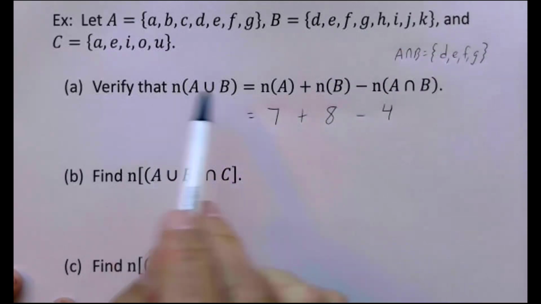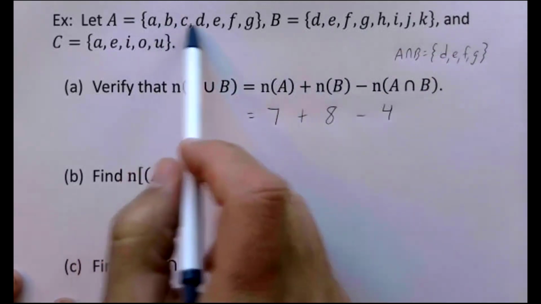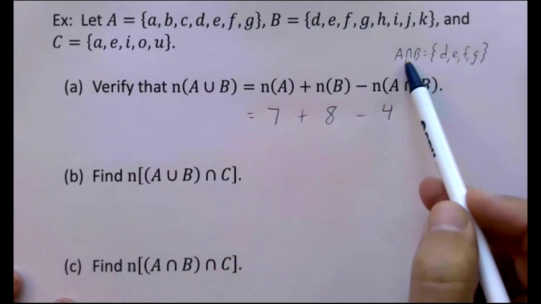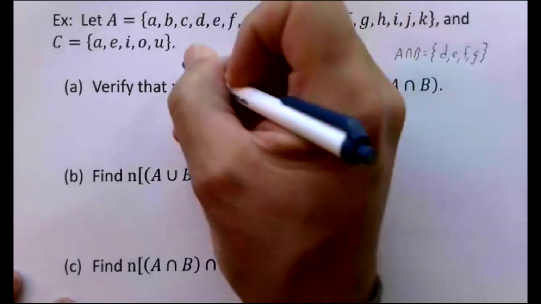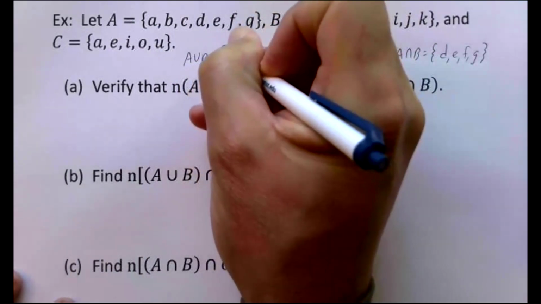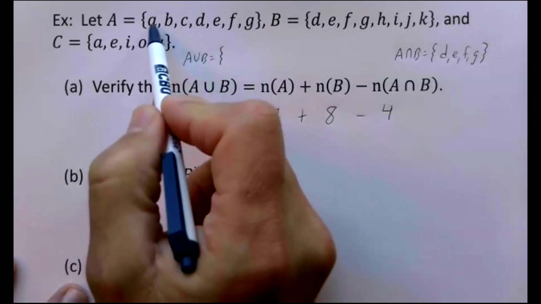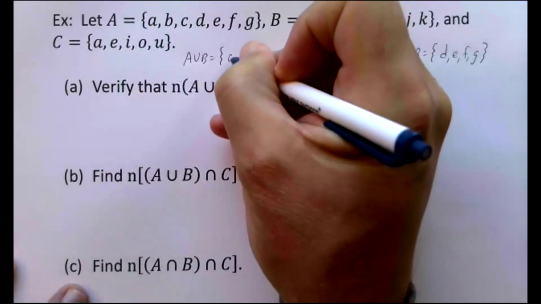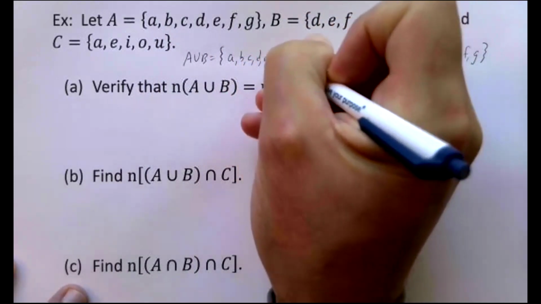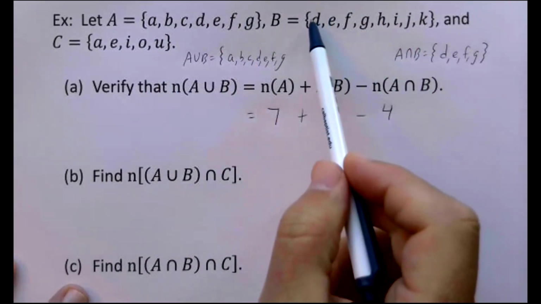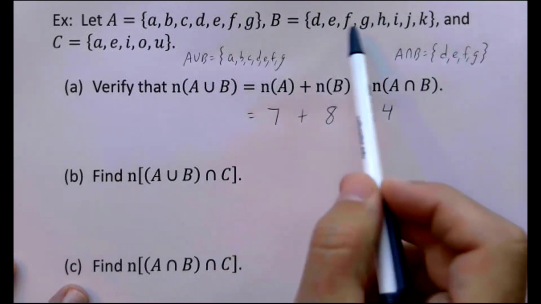On the other side, I'm talking about the number of elements in the union of the two sets. Remember, to be in the union of the two sets, you just have to be in one or the other. To be in the intersection, you have to be in both at the same time. If you want the union of A and B, just list everything in set A, which is a, b, c, d, e, f, g, but also include everything in set B. There's no reason to double count things.